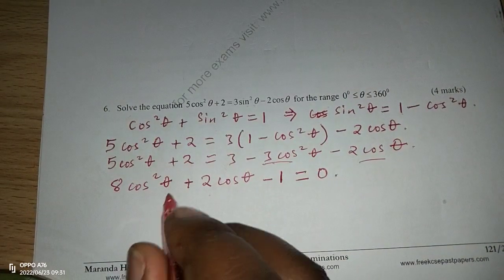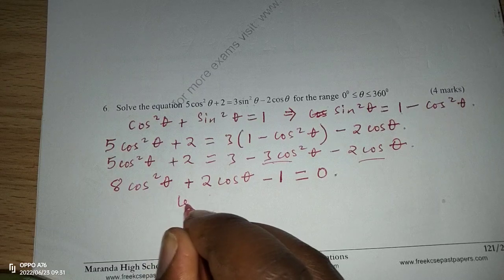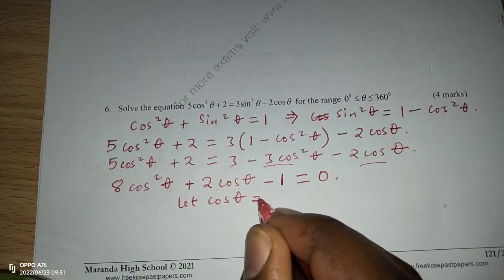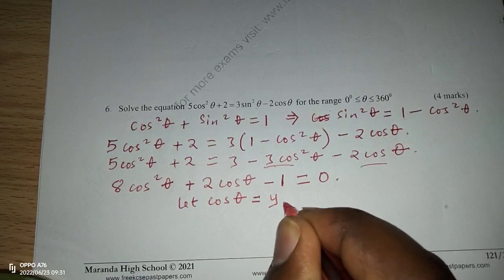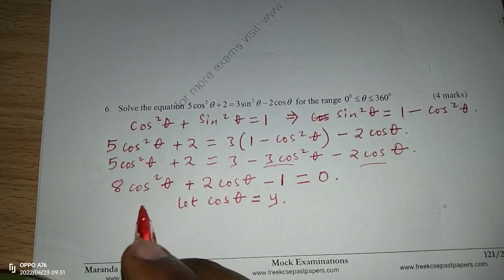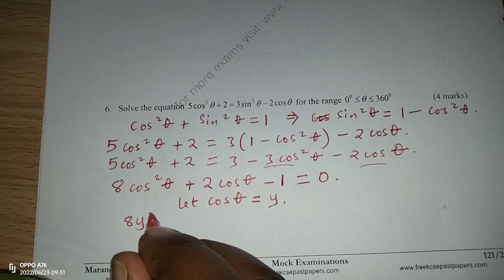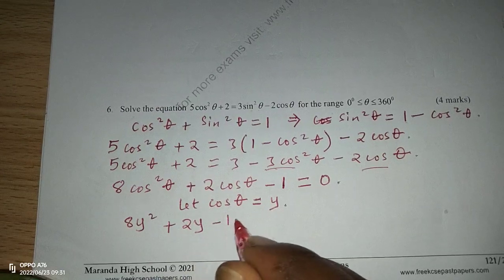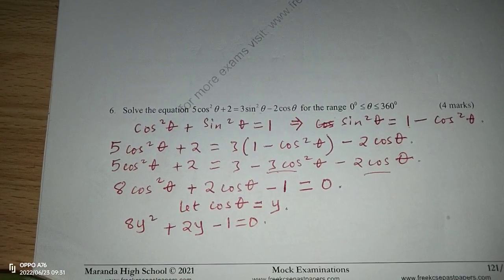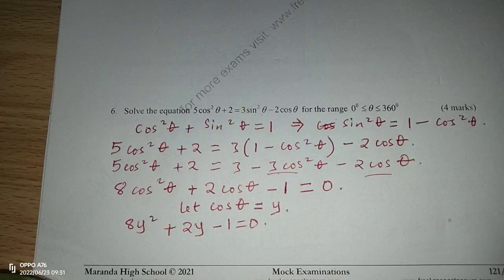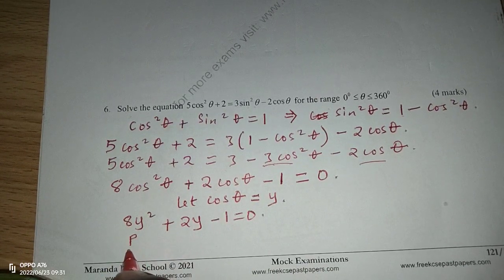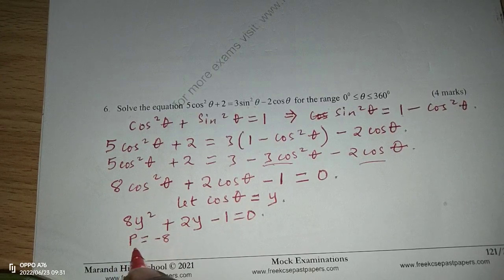Therefore now we can let the cosine of theta be, let's say, y, so that this becomes 8y squared plus 2y minus 1 equals 0, and we solve it quadratically, whereby we can use a factorization method, product negative 8 and sum 2.